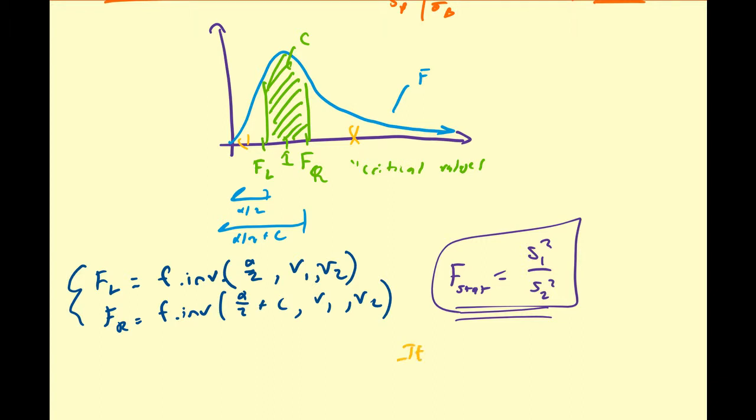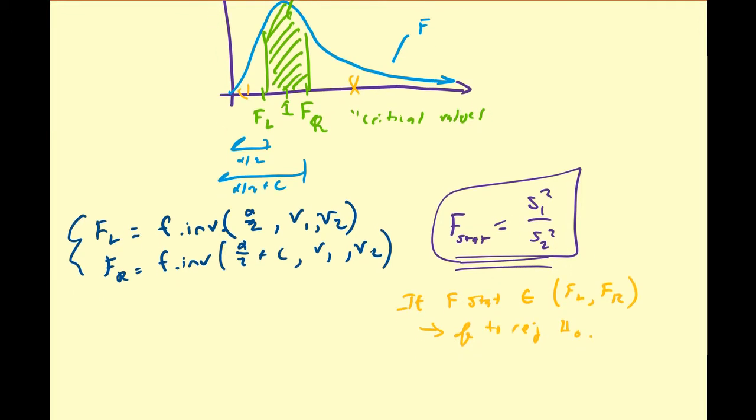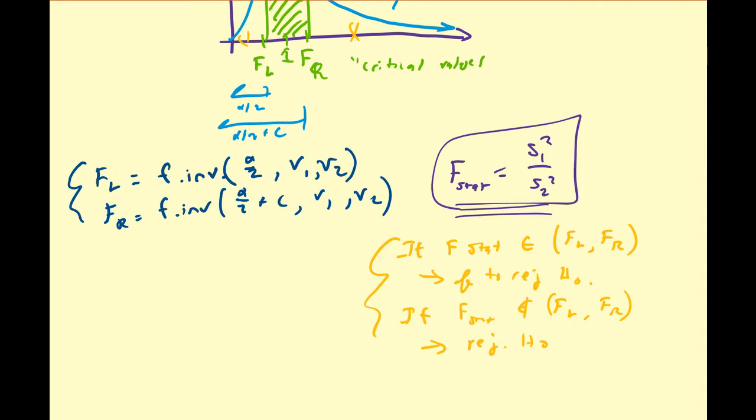So if F stat is in between FL and FR, then you fail to reject the null hypothesis. And if F stat is not within our critical value interval, then we reject the null hypothesis. I'll go into detail in a minute of what that actually represents.